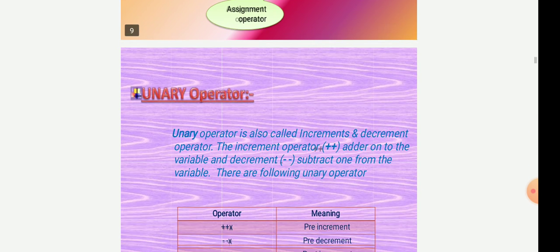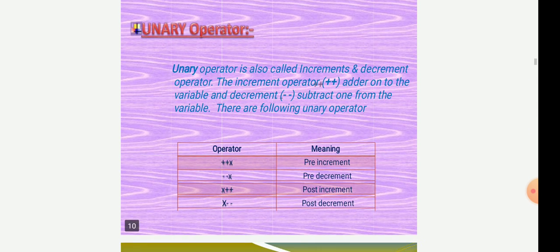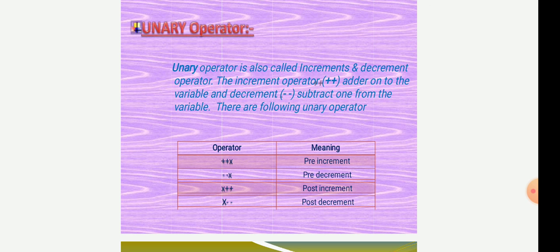Now we have another operator, that is the unary operator. So dear students, what are unary operators? Basically the unary operators are called increment or decrement operators. In case of the increment operator, we can increment the value by 1, and in case of the decrement operator we can decrease the value by 1.